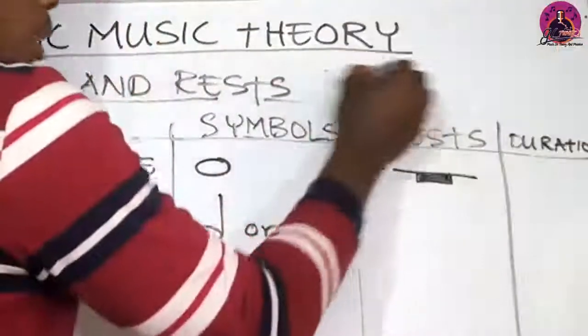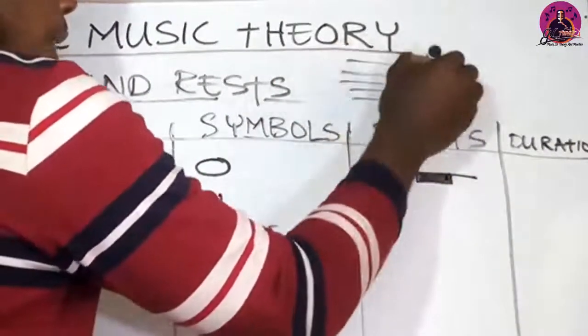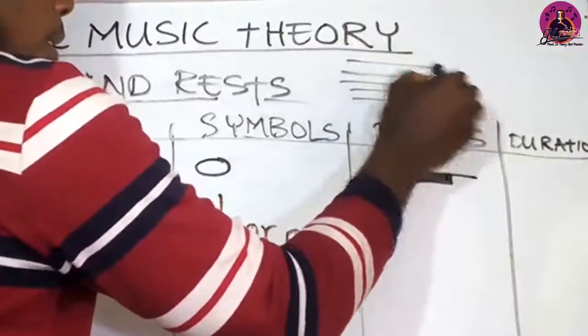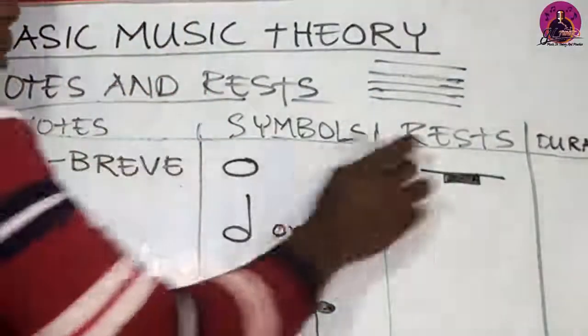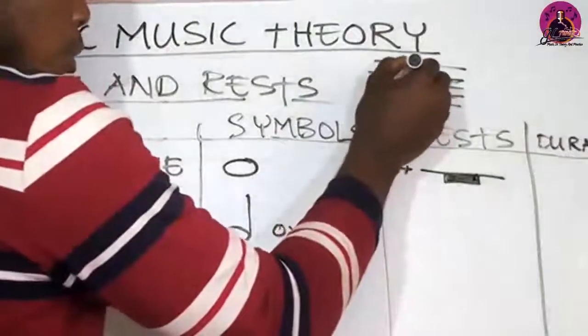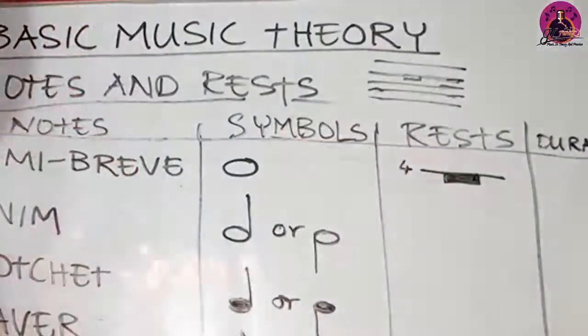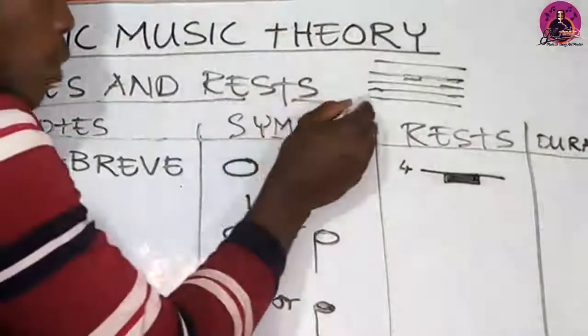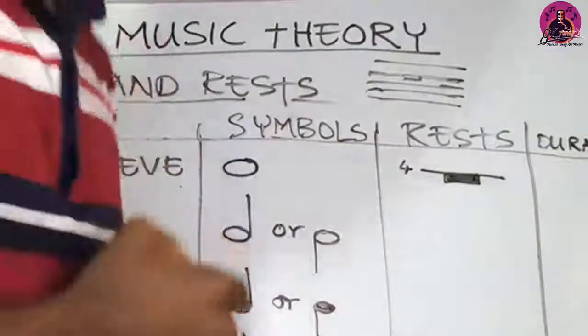You see where you have the staff 1, 2, 3, 4 and 5 lines like this. If you see, you will see the semibreve rest under the fourth line, like this. Hope you can see that. So line 1, line 2, line 3, line 4 has the semibreve rest.